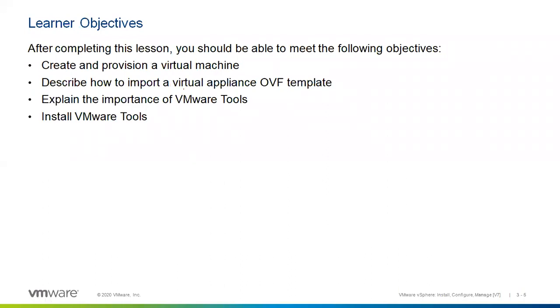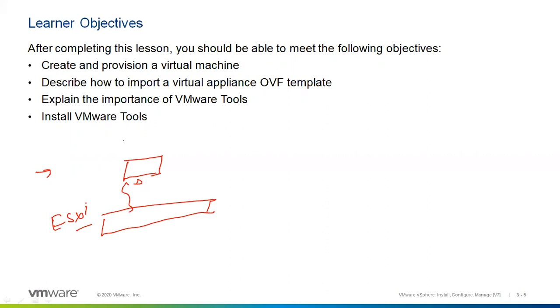So before creation, let's have a quick look, even though we have discussed it earlier also. A virtual machine in VMware is just software that will run on top of your ESXi host.